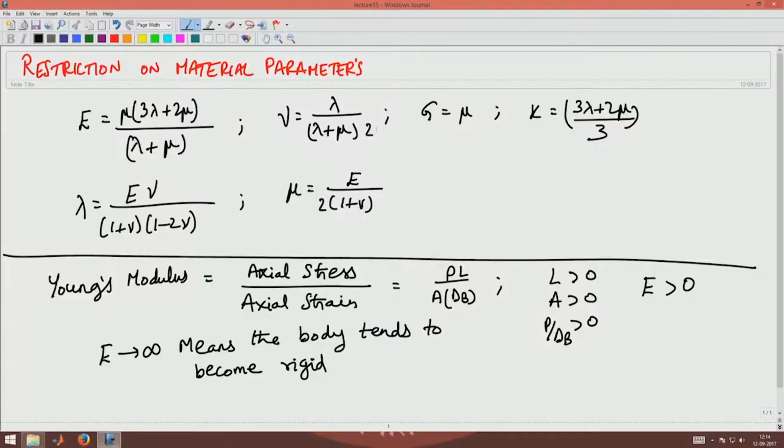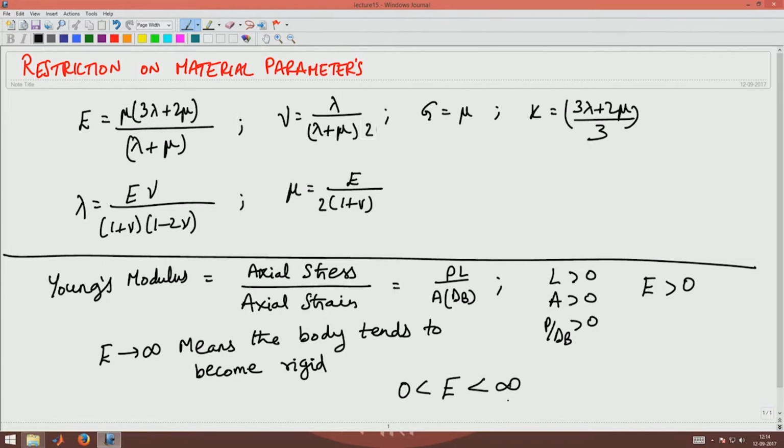That is, the displacement between two particles is the same irrespective of what two particles I consider in the body. So since in this course we are not interested in rigid bodies, what we say is the Young's modulus has to lie between 0 and infinity. It cannot be 0, it cannot be infinity, but it has to lie between 0 and infinity, or it can be a positive number.